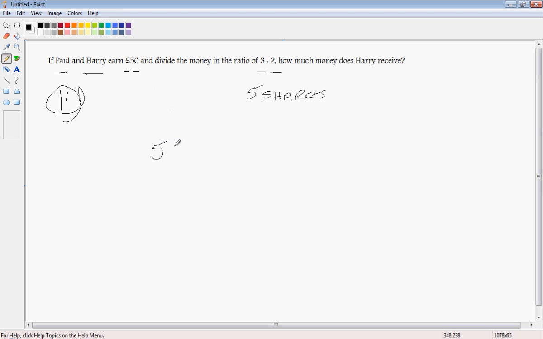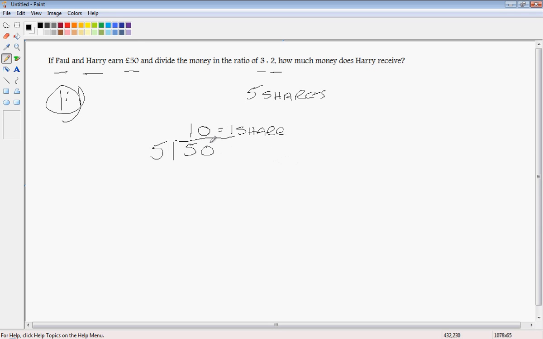So 5 into 50, 5 into 5 goes once, 5 into 0, 0. So we get 10. Now that's the value of 1 share.